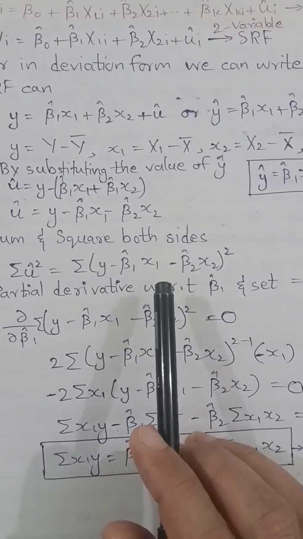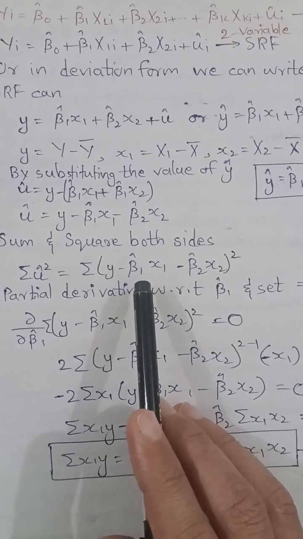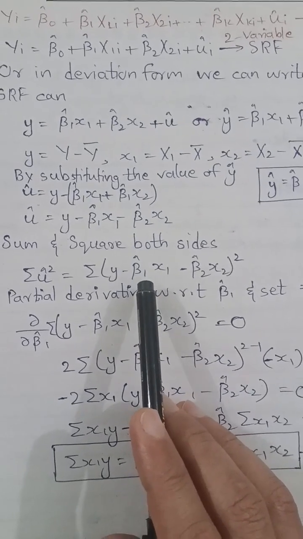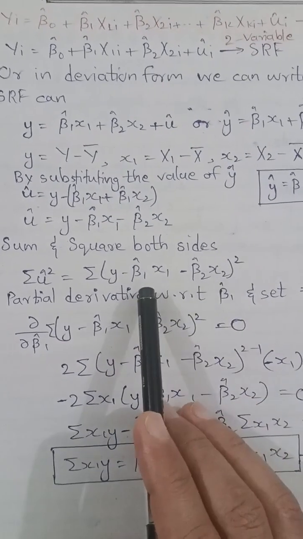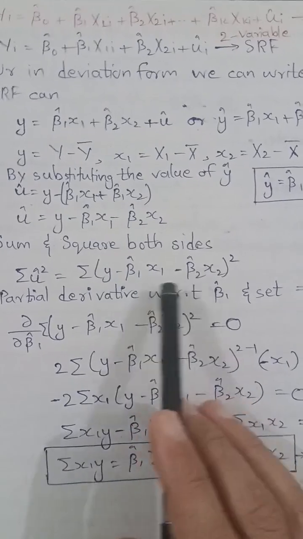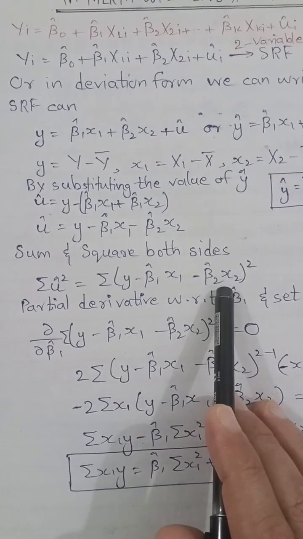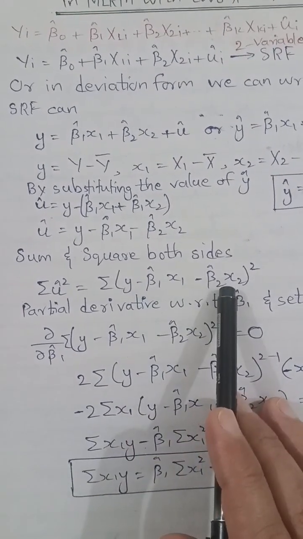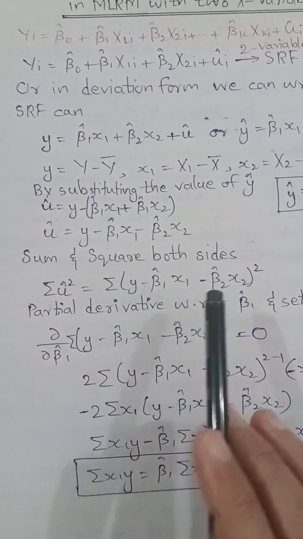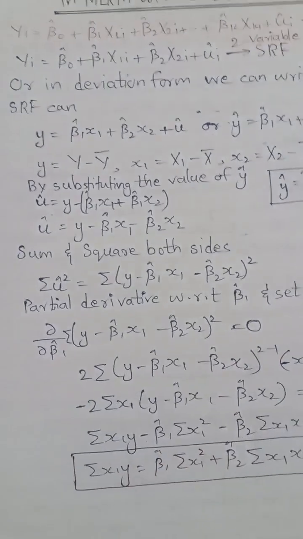Why? Because our purpose is to find the values of these two unknown parameters. Beta 1 hat and beta 2 hat are our unknown parameters, and we want to find their formulas or their values.